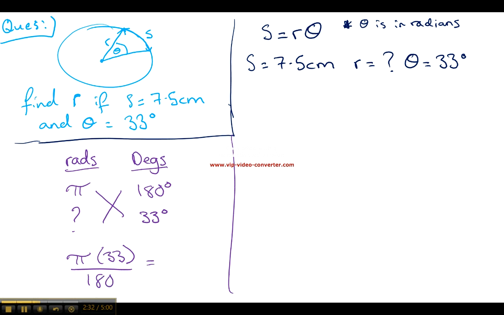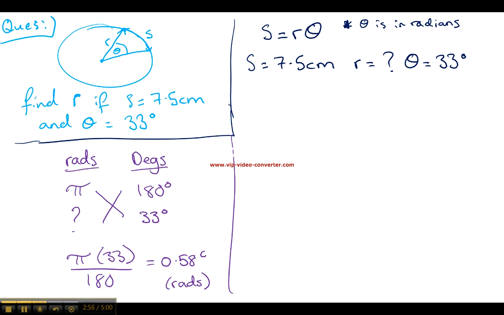When you do that, it will work out at 0.58 radians, and we can use that little C for the symbol, or indeed sometimes the little C can be hard to make out, it gets confused with a degree symbol. We can just put down rads. So now we have our angle in radians.